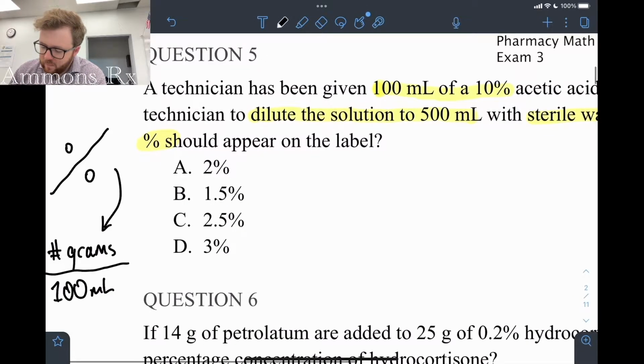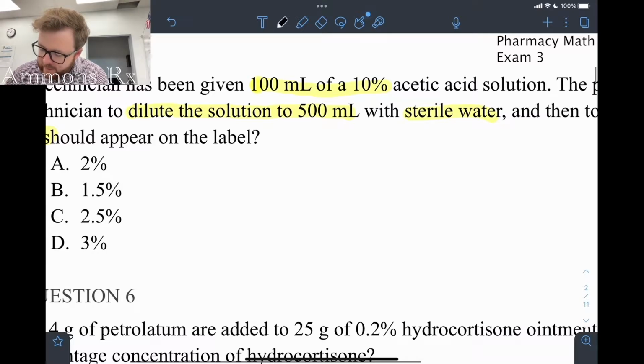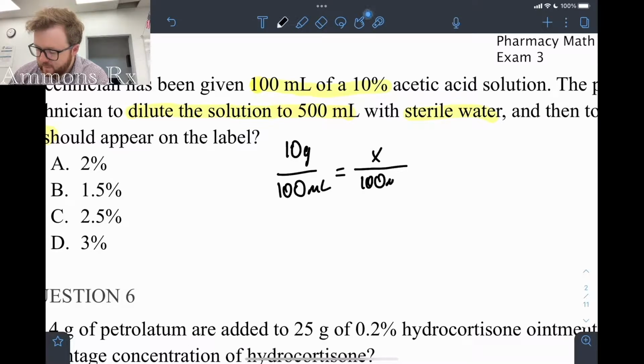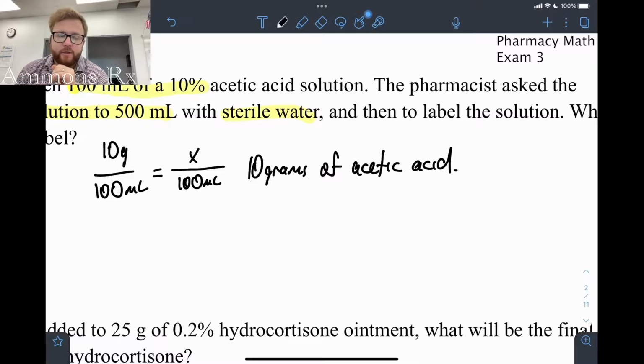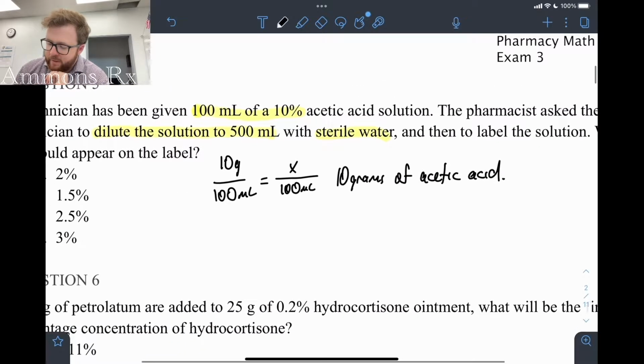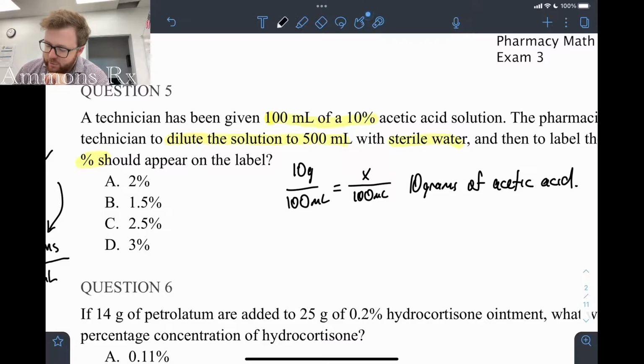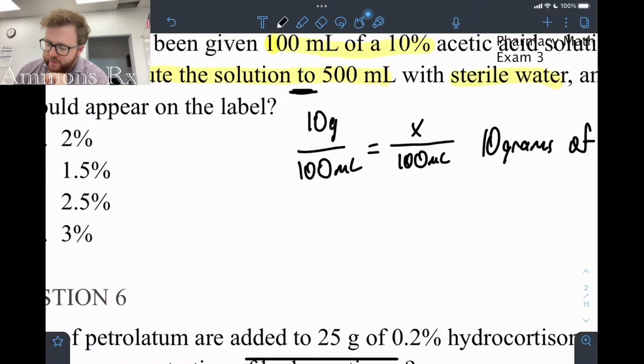So that being said, our 10% is going to be 10 grams over 100 mils. How many grams are in that 100 mils? Well, that's just going to be 10 grams of acetic acid. That's telling us the drug component of our problem, because now we're going to dilute it to 500 mils.